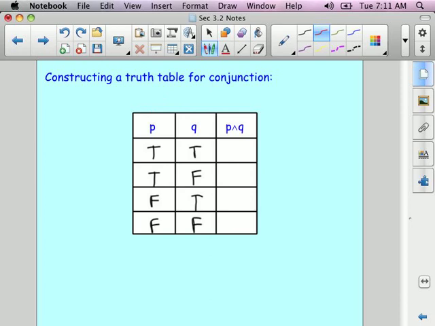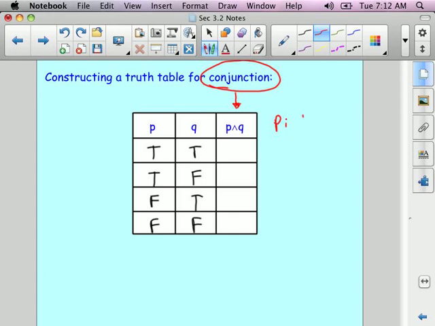But we're going to be looking specifically at the truth value of a conjunction on this slide. So we have our conjunction symbol right there. That's our and symbol. Now, in order for a conjunction to be true, it's probably easiest to see through an example. Maybe I'm going to say that I have math homework and I have science homework tonight.